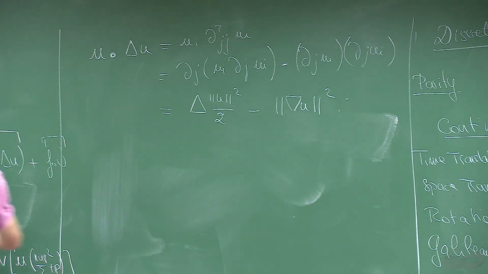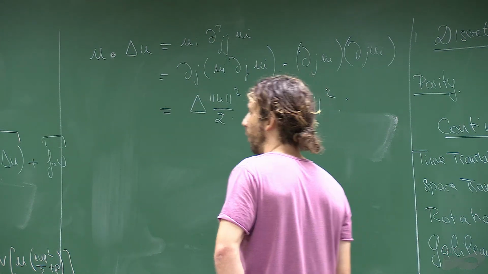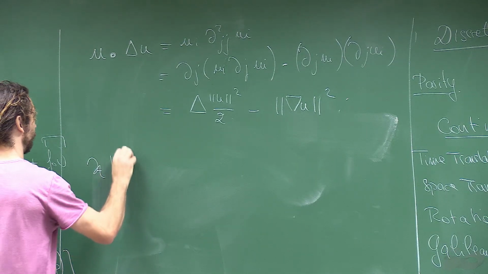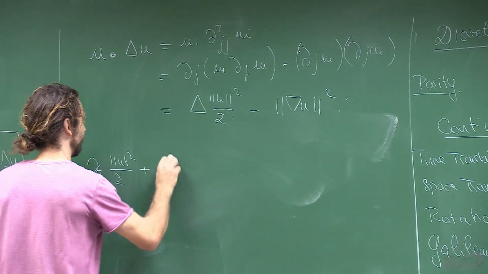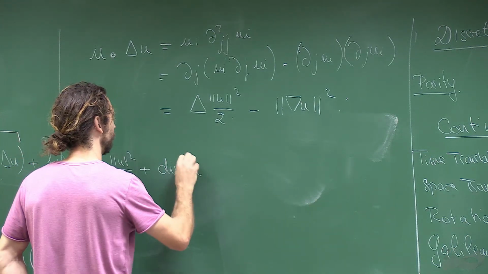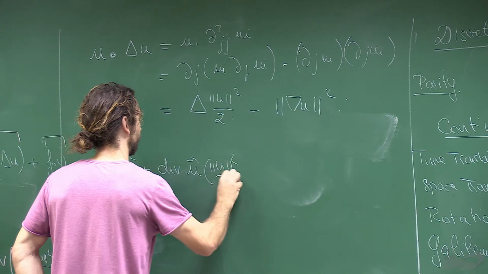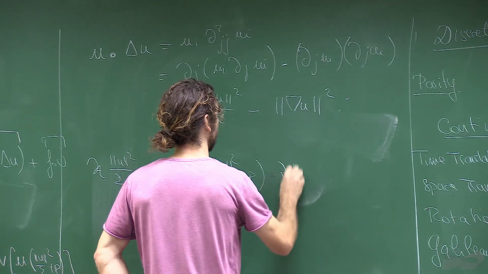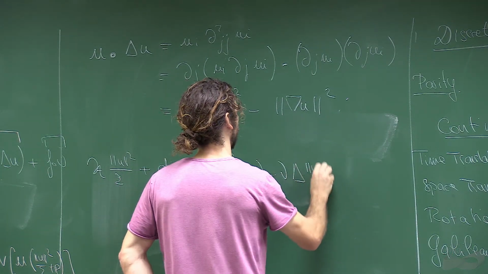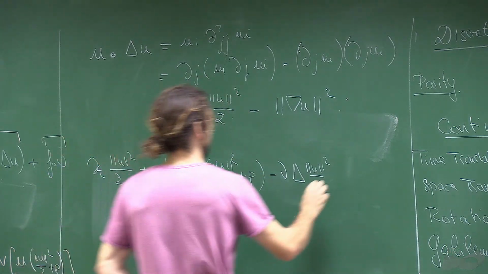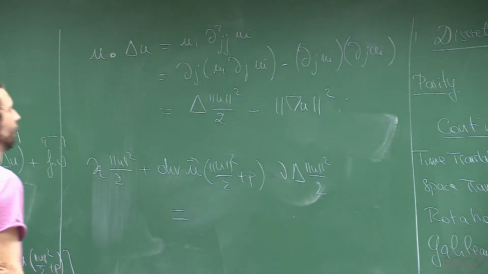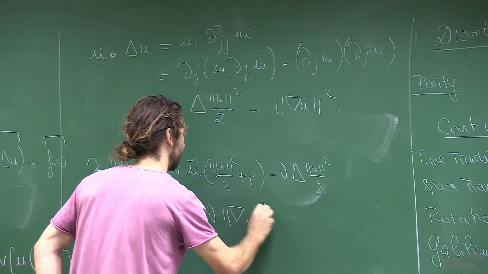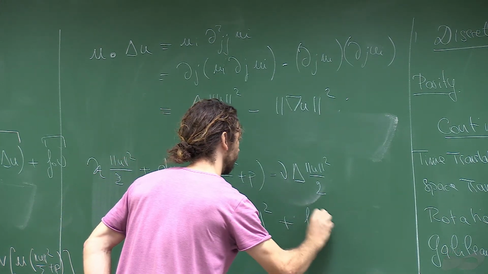So if you collect the different terms, you have dt of u squared over 2 plus the divergence of u times u squared over 2 plus p, minus nu times Laplacian of u squared over 2, equal to minus nu times the gradient of u squared plus f dot u.